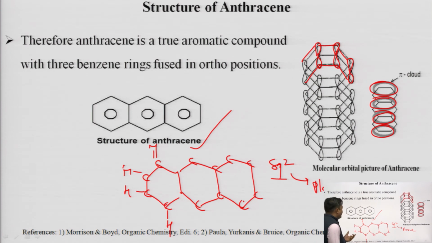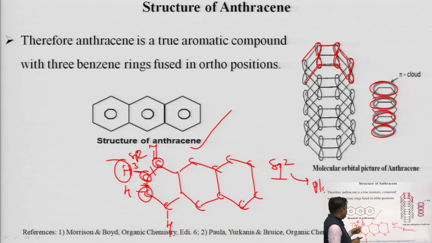Suppose I am talking about this carbon, each carbon having 4 valency. Out of 4 valency, one bond is formed between this carbon and this carbon, the second bond is formed between this carbon and this carbon, and the third bond is formed between this carbon and this carbon. All these 3 bonds are sp2 bonds because of the overlapping of sp2 hybridized orbitals of the carbon.